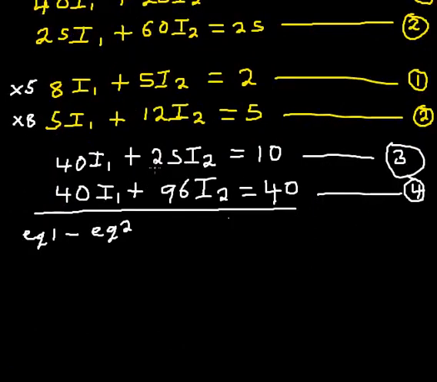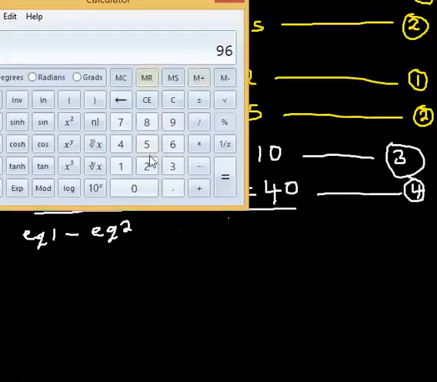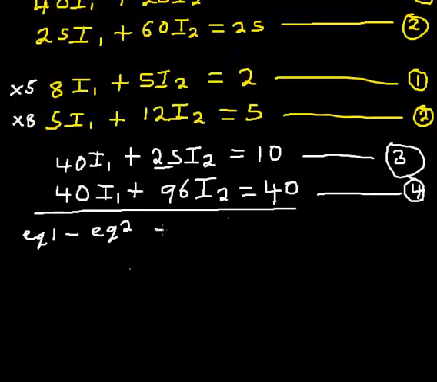I'm having 25i2 minus 96i2. Let's do that, 25 minus 96, that's minus 71. So I'm having minus 71i2. And of course, 10 minus 40, that's going to give me minus 30.